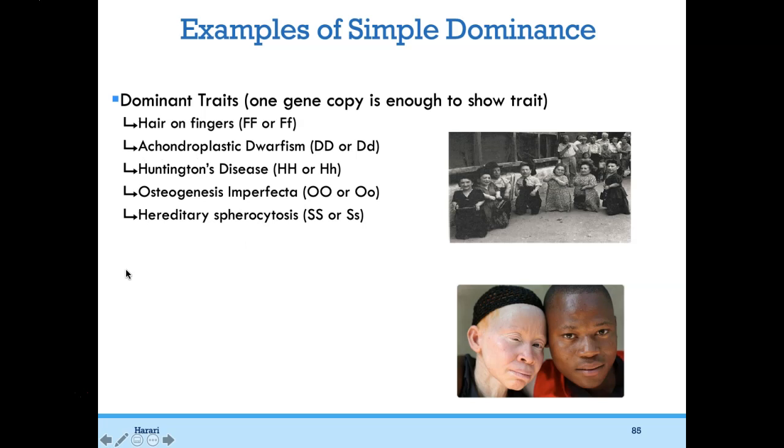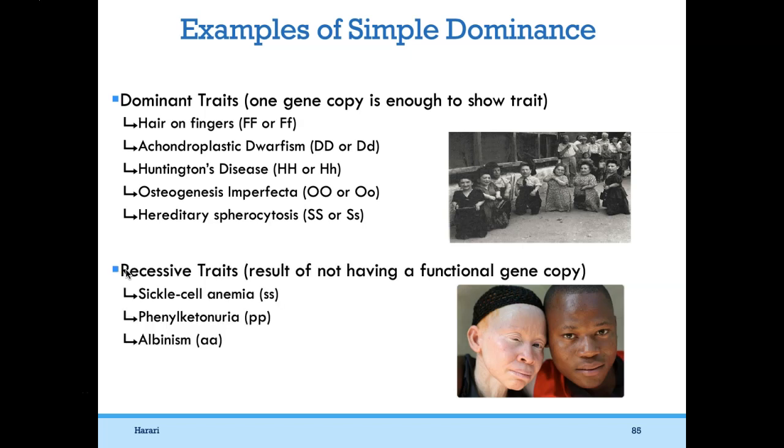And we said that for dominant traits, if you have even one capital letter in your genotype, if it's simple dominance, you're going to show the dominant phenotype. Recessive traits that we spoke about, we briefly mentioned phenylketonuria. It's a recessive trait, meaning you have the disease if you do not have a functional copy.